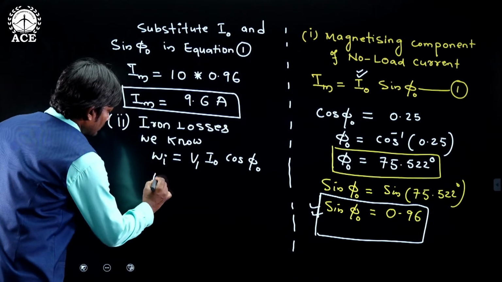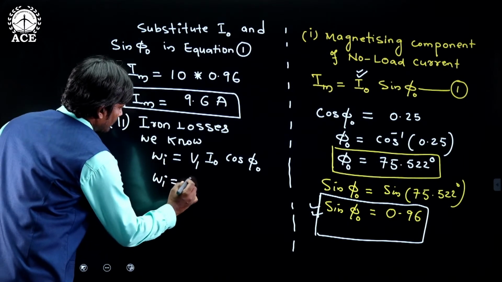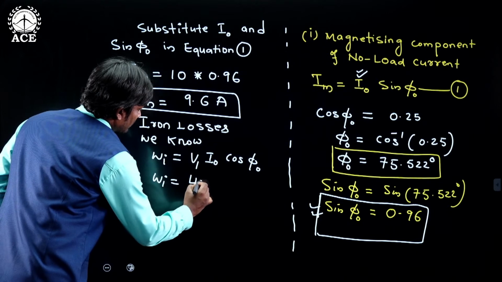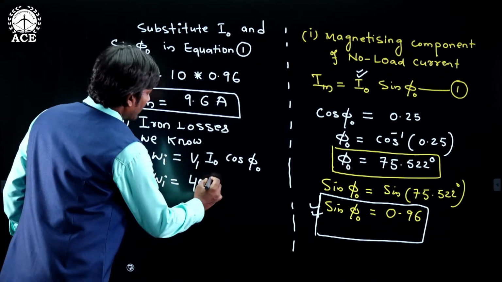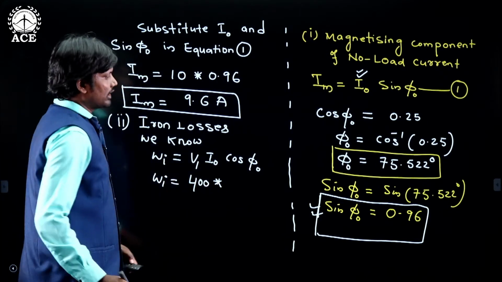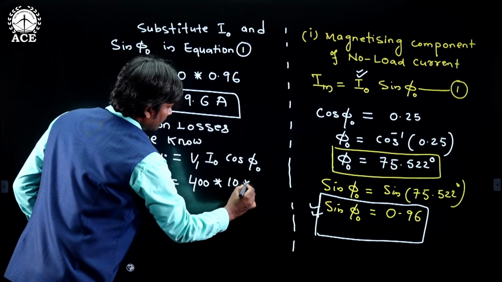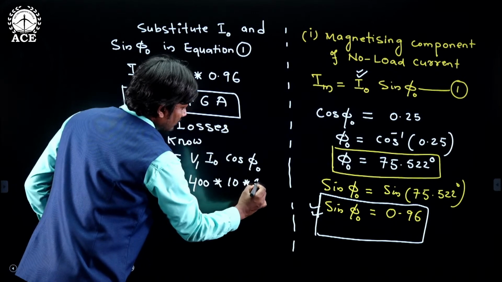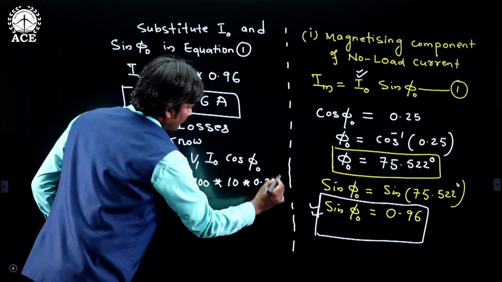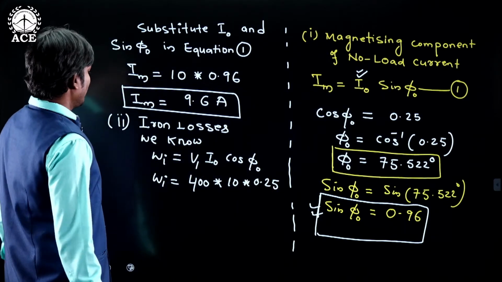So Wi is equal to 400 times I0, which is 10, times cos phi naught, 0.25.